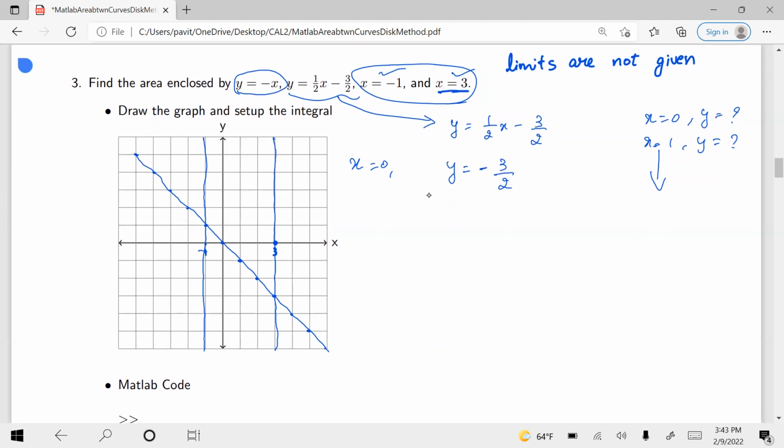Now, what happens when y is 0? x is, anyone? You just have to plug in y equal to 0 here and solve for x.